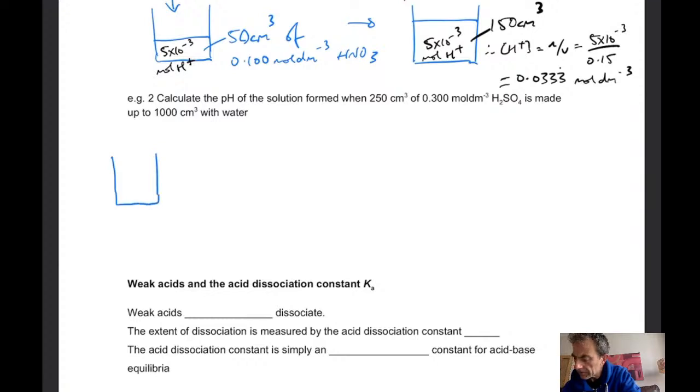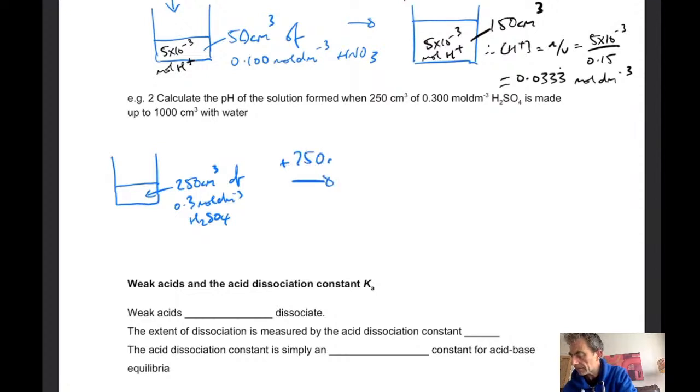We've got 250 cm cubed of 0.3 moles per decimeter cubed H2SO4. 750 cm cubed obviously added to take it up to 1000.